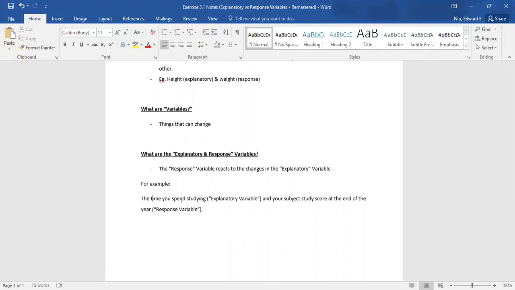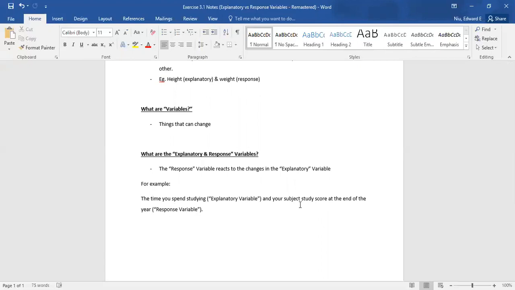The more you study, generally speaking, the better your study score will be at the end of VCE. So that's why how long you study will affect your study score at the end of the year. That's why the time you study is your explanatory variable, and that's why your study score is responding to what you do with that time, and how much you study.